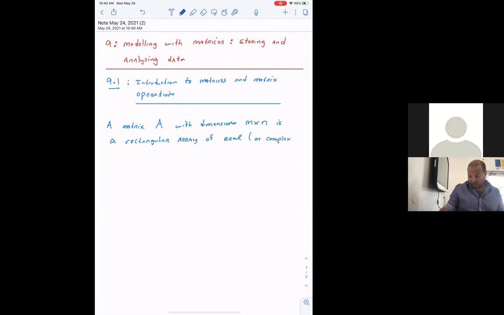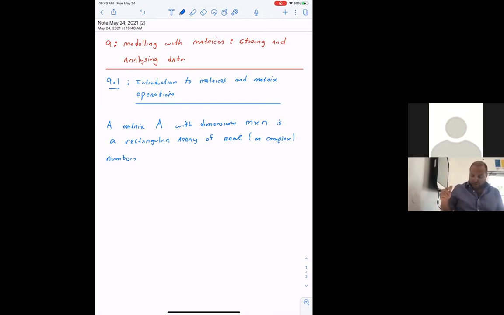Now, this is what the Oxford textbook uses as their definition. But just be aware, as you get more and more advanced using matrices, the entries can actually be anything. They can be matrices themselves. You can have a matrix of matrices. It can get very complicated. But at this level, we're using numbers, real numbers for the most part, sometimes complex numbers, the imaginary numbers.